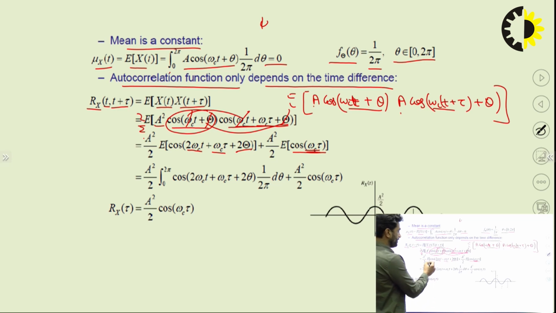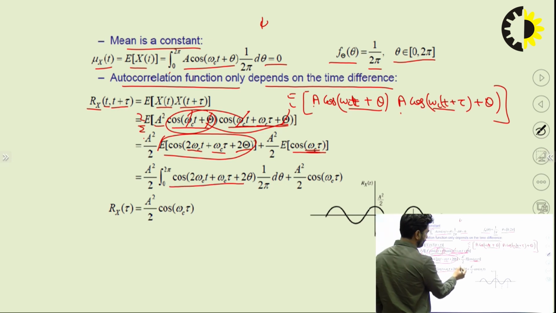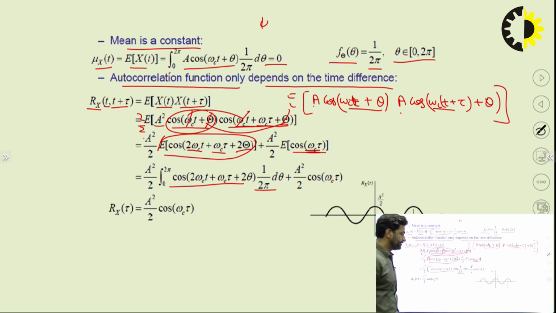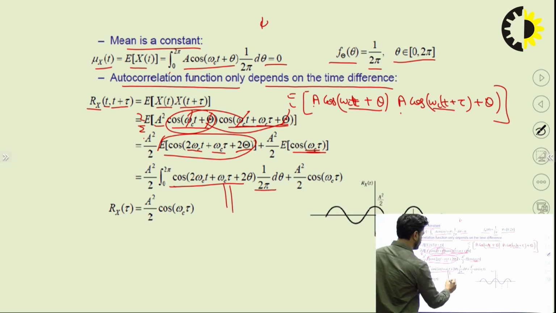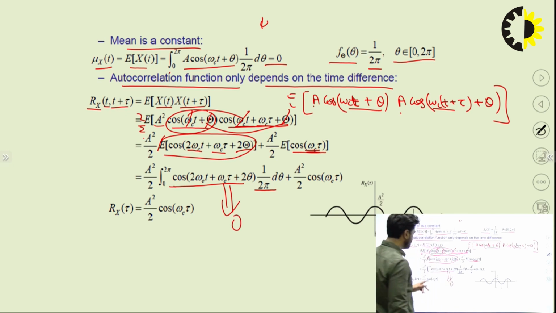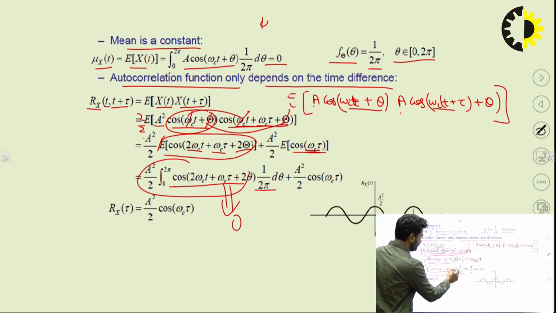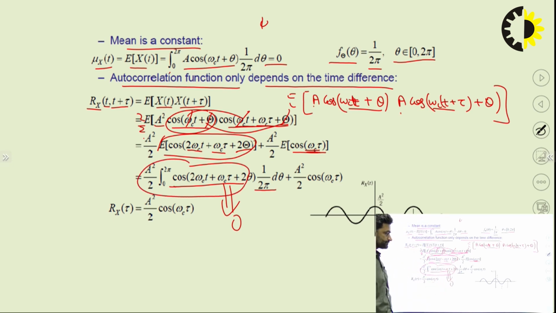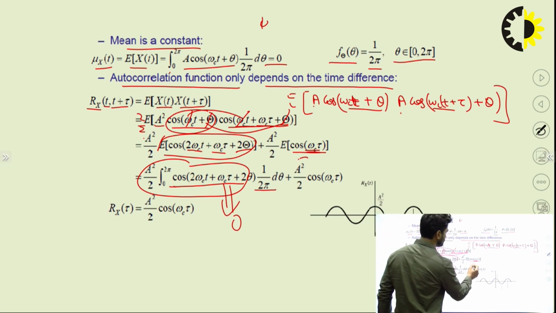Now here, if we solve this equation, we remove this ensemble and we integrate with respect to 0 to 2π this function with 1 by 2π dθ, and it will give you 0, because if we integrate a cos function with the limit of 0 to 2π, it will give you 0. So this whole term will become 0. We are left only with this term.